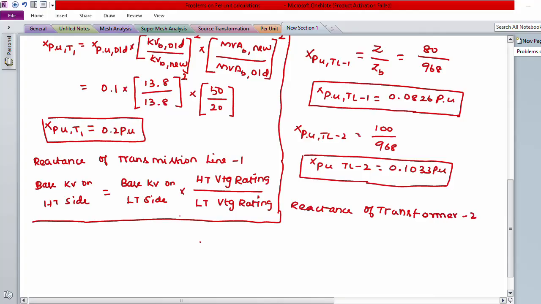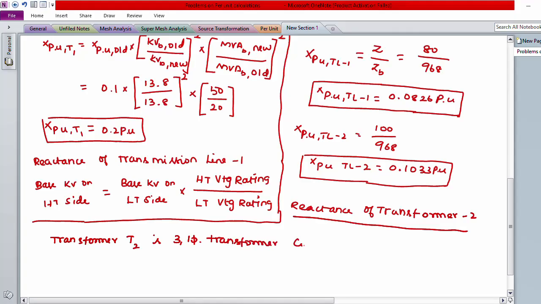for transformer 2, we have to go for the voltage conversion. That is, we have to write the condition: transformer T2 is 3 single phase transformers connected for 3 phase operation.